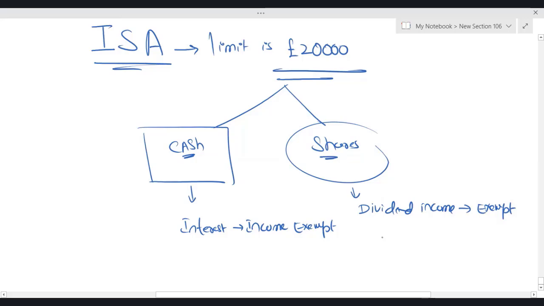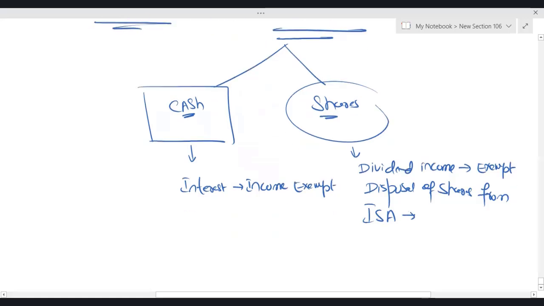If ISA shares are sold, on the disposal of shares you will get a capital gain, then the capital gain will be exempt.